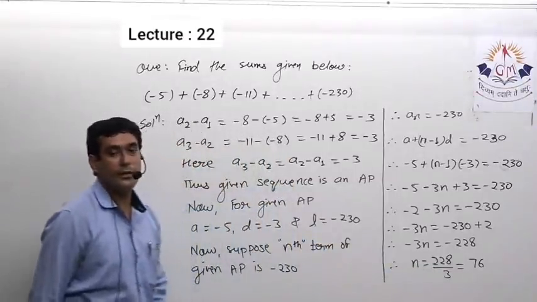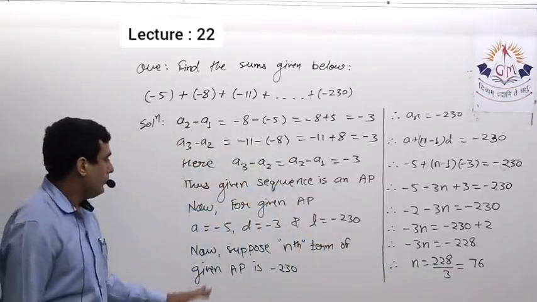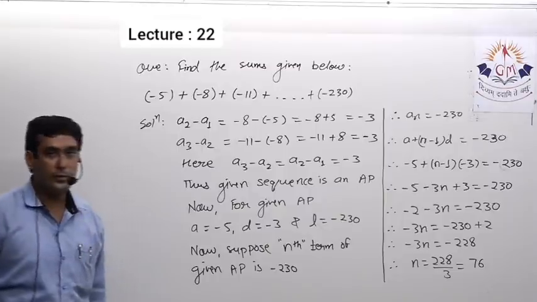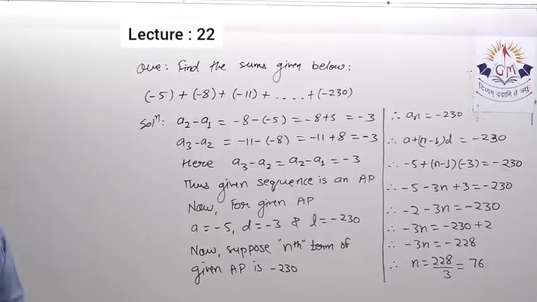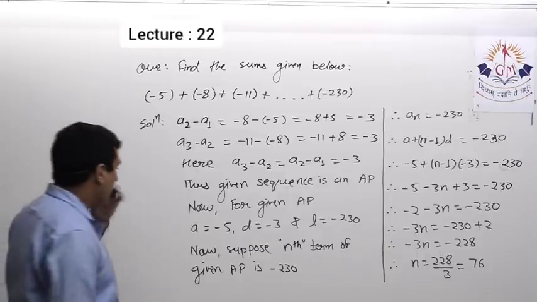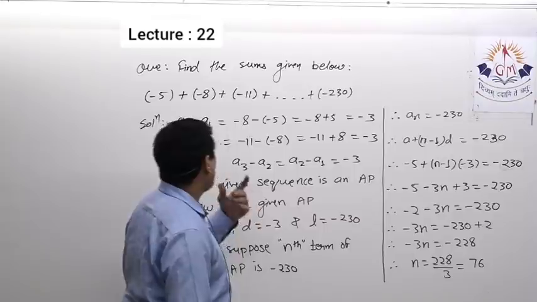Now we will find the sum of the terms. So note it down, then we'll see how to find the sum. Okay, we can say this is almost the previous sum.